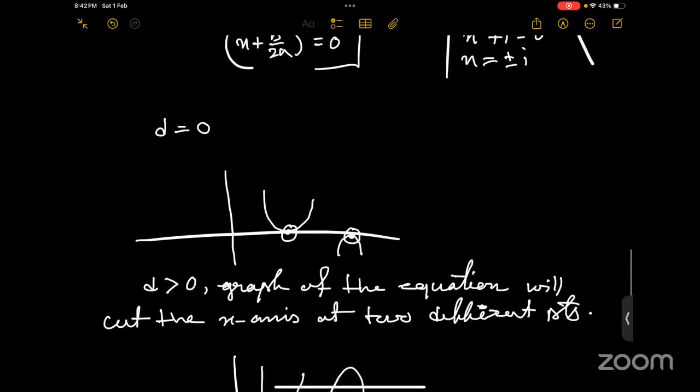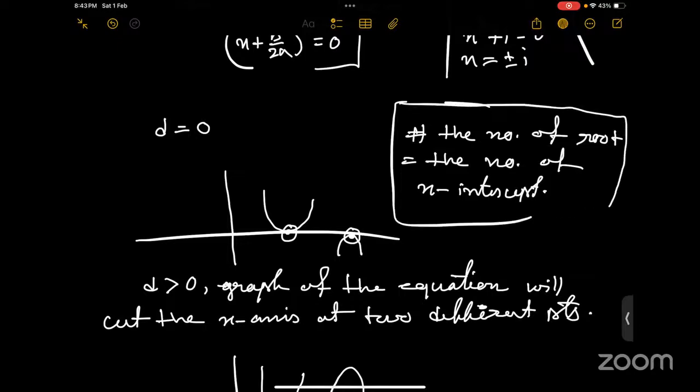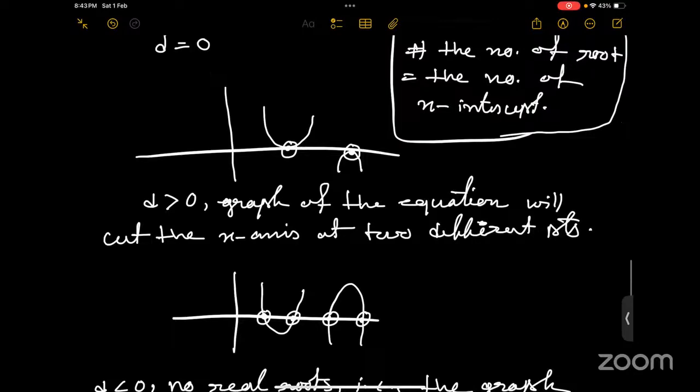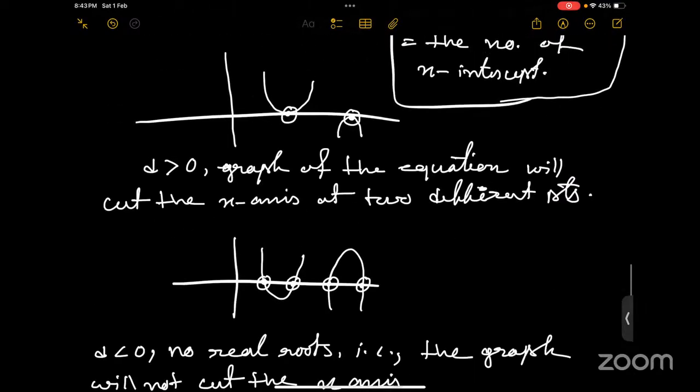Basically, the number of roots is equal to the number of x-intercepts. So we will count the number of times the curve cuts the x-axis. This is called the x-intercept. Is it fine? Yes, ma'am.